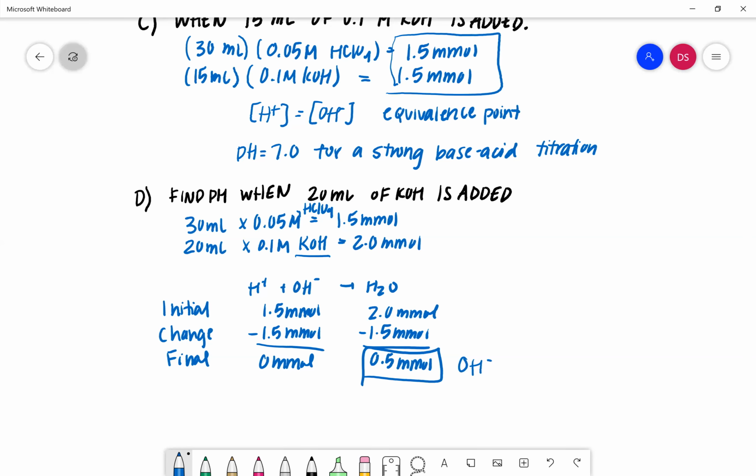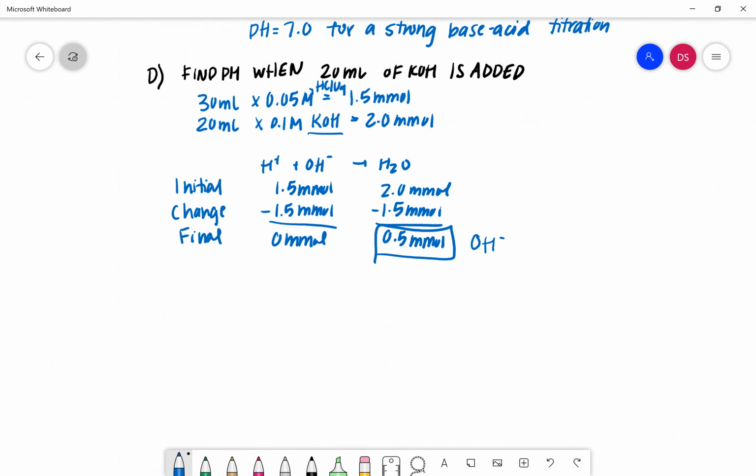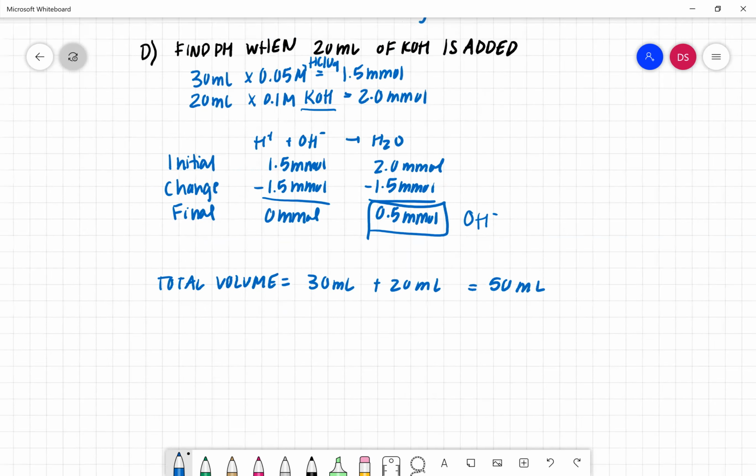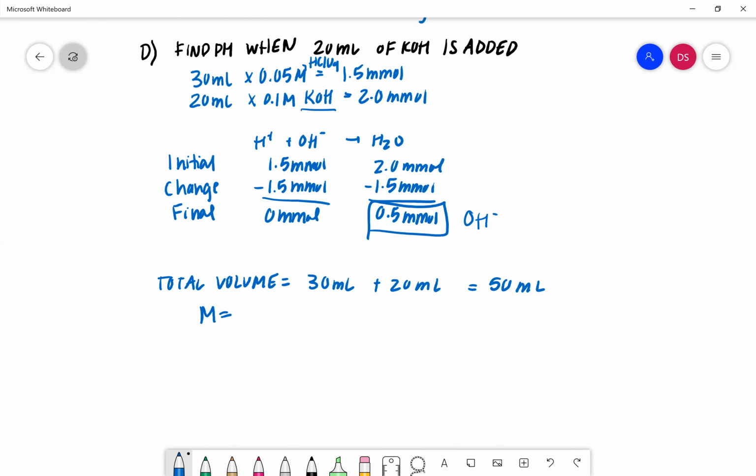To calculate the pOH, we first have to calculate the total volume. Our total volume is 30 milliliters plus 20 milliliters of the base, giving us a total volume of 50 milliliters. Now to calculate the molarity, we do millimoles per milliliter.